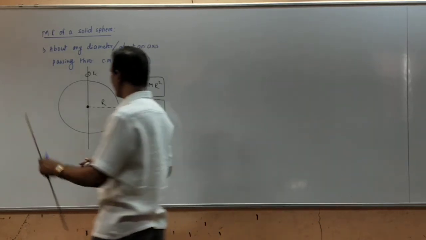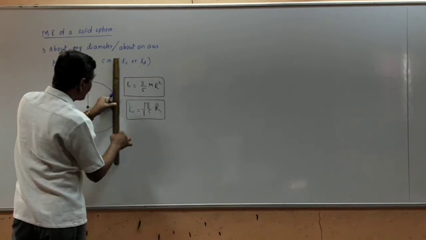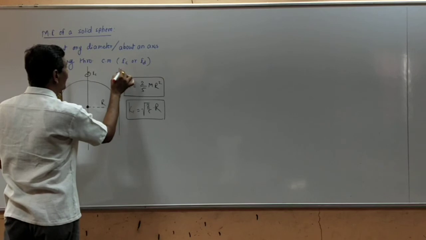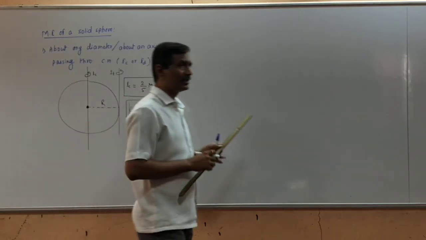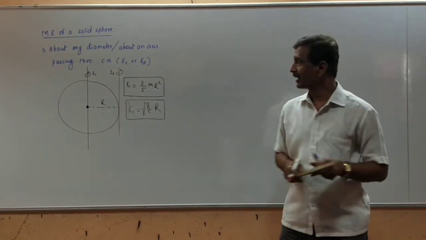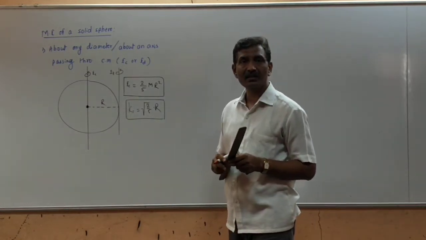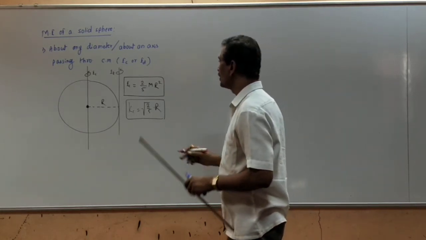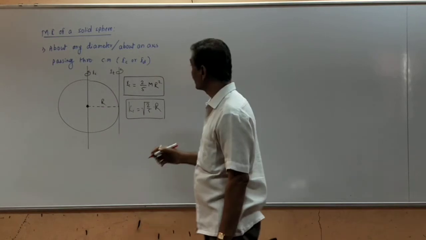Second case is the moment of inertia about the tangent. For a solid sphere again only one tangent is there, and that tangent is parallel to the axis passing through the center of mass along the diameter. So to find the moment of inertia about the tangent, we use the parallel axis theorem.